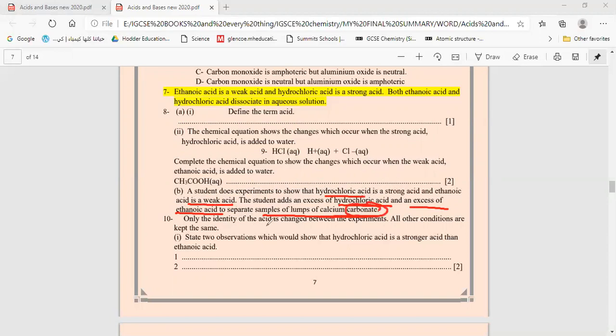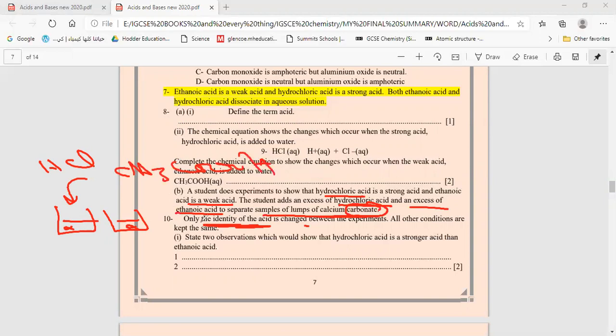All the other conditions are kept the same. It means that only the identity of the acid is changed. He will repeat the experiment: the first beaker and the second beaker, he will add calcium carbonate, and here he will add HCl, and here he will add CH3COOH, ethanoic acid.